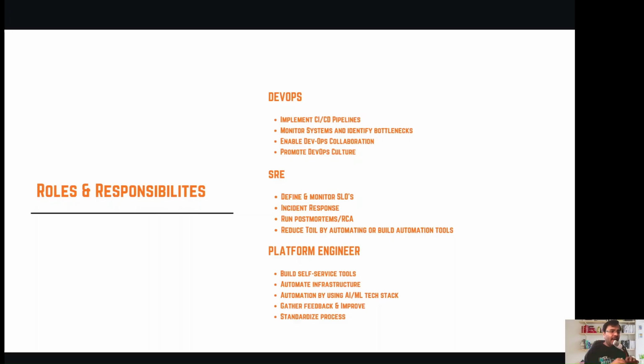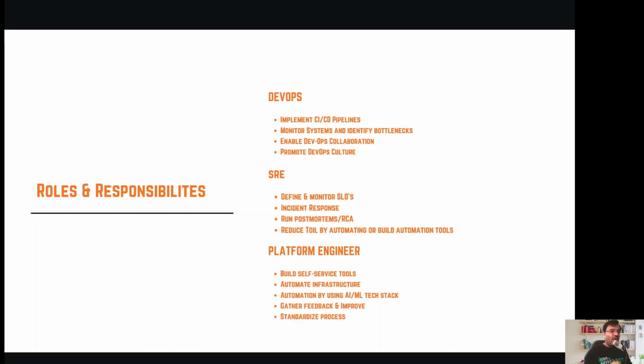They also need to know the latest AI and ML, which is machine learning, to improve the automation. Another important, core role is to gather feedback from the different teams by working together with DevOps, SRE, and the other operations teams, and try to improve and standardize the process.